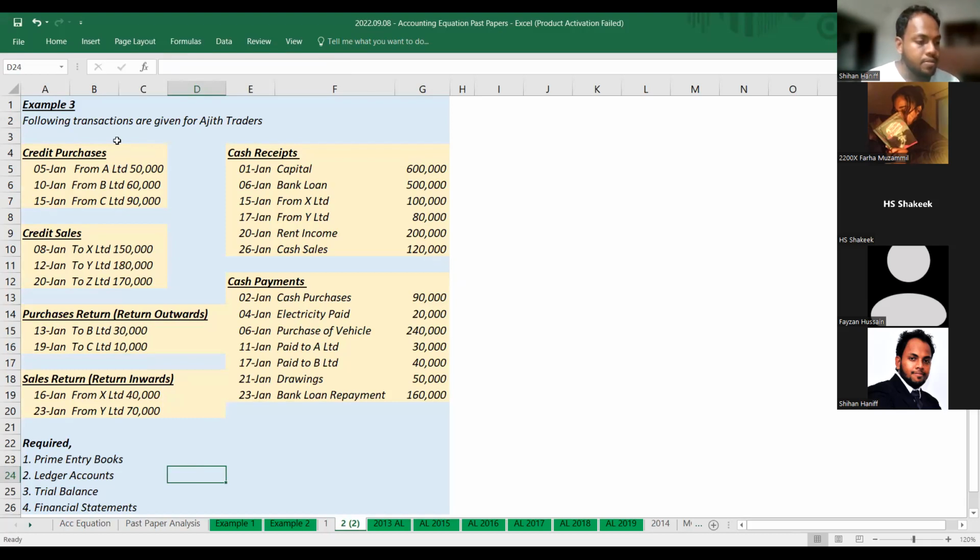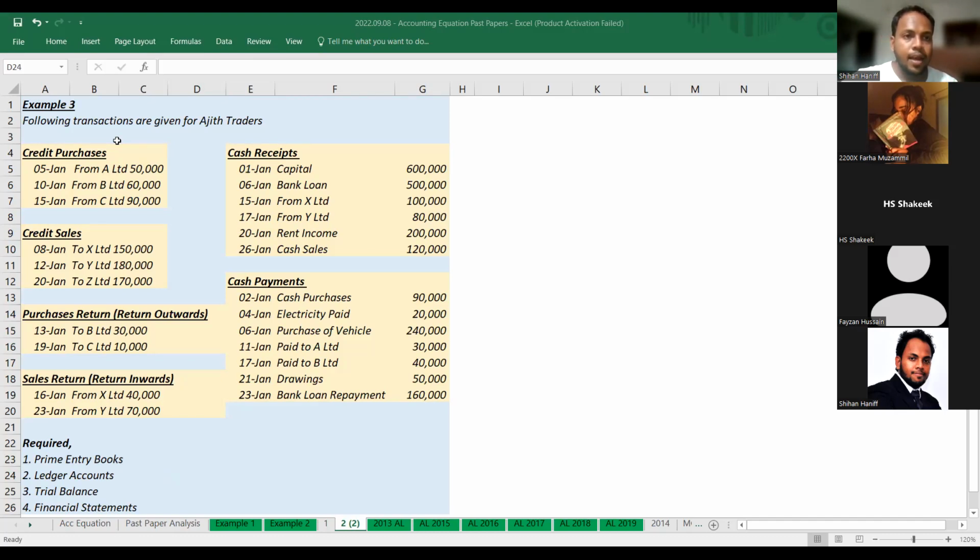Okay, example 3. So you don't need to write the question, I have sent it. Now let's draw a cash receipt journal, and cash payment journal.